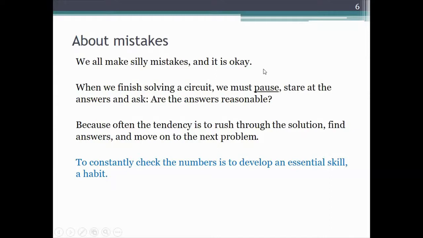You must pause. You say, well, does this make sense? Is the answer coming out as it should be? And if it is not, then you go back and check, I have made some mistake. I must find the mistake and correct it. This is an extremely important skill. It must become a habit to check numbers and ask if the numbers are reasonable.